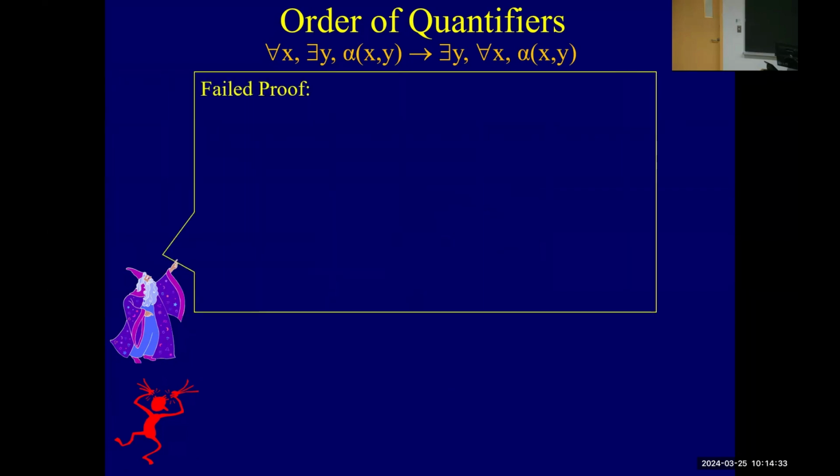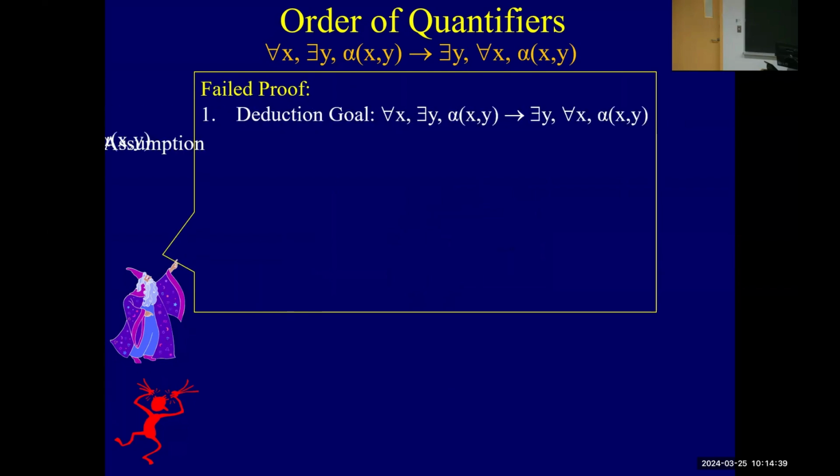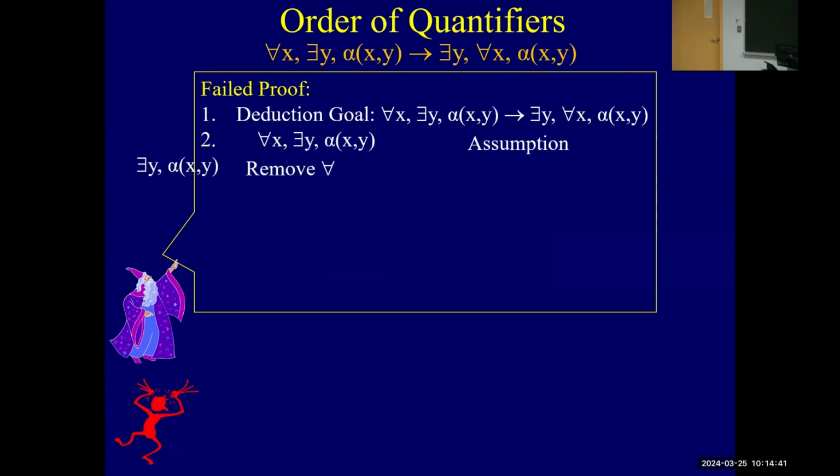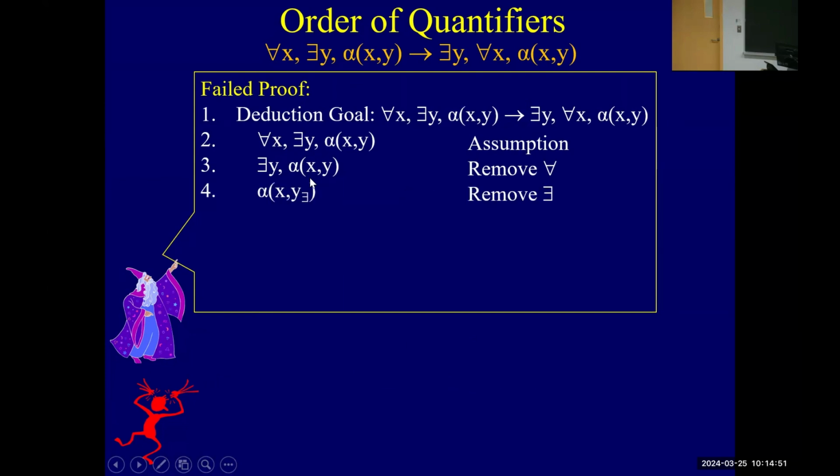So our proof was so easy last time, so we have to make sure we can't do it the other direction, right? We assume the left, then we remove the for all, making the x a free variable, right? And then we remove the exists, making it an exists variable, right?